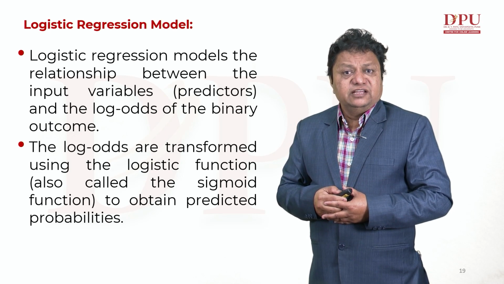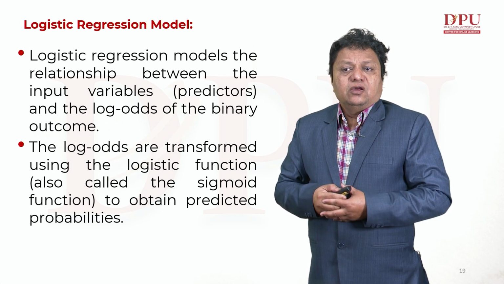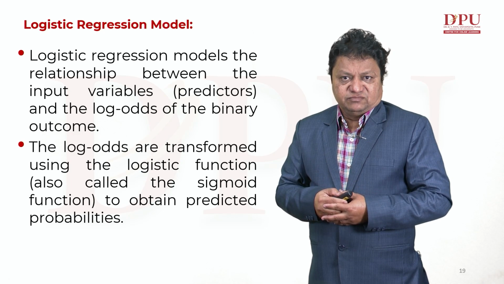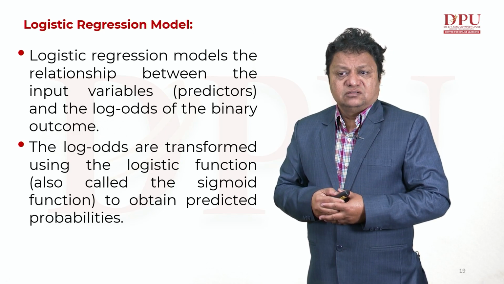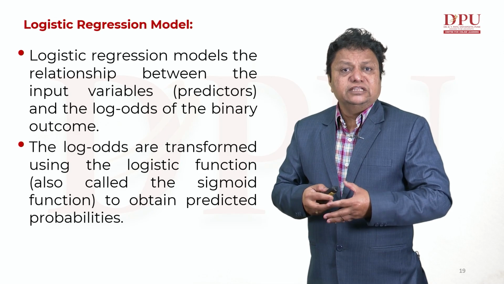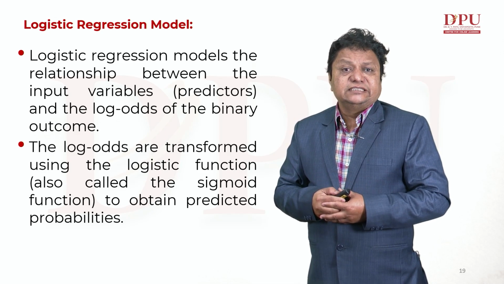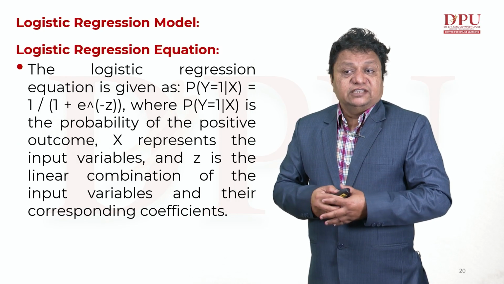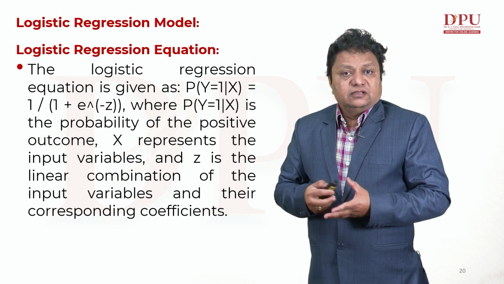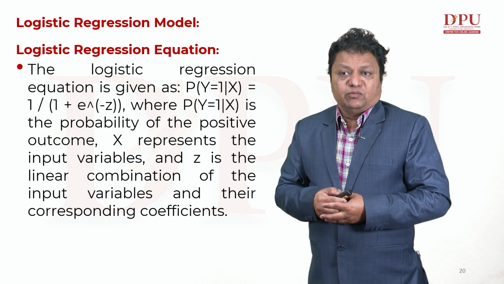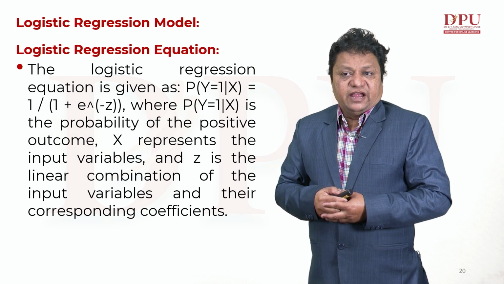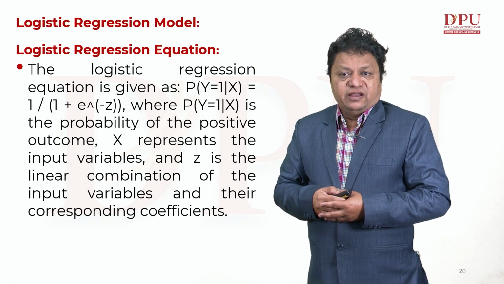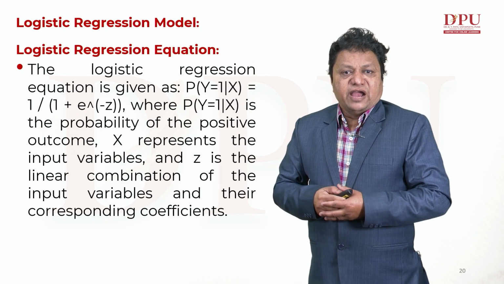Logistic regression models the relationship between the input variables, that is the predictors, and the log odds of the binary outcome. The log odds are transformed using the logistic function, also called the sigmoid function, to obtain the predicted probabilities. Let us understand the equation of the logistic regression model, which is given as P(y=1|x) = 1 / (1 + e^(-z)).